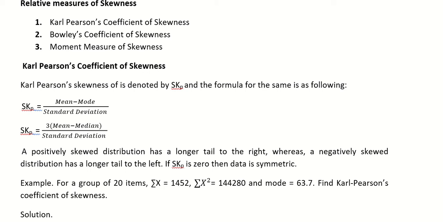As I have told you many times, the basic purpose of statistics is to predict something from previous data. Prediction always becomes accurate if the data is normally distributed and not skewed. Whenever data is skewed, data becomes partial, right?